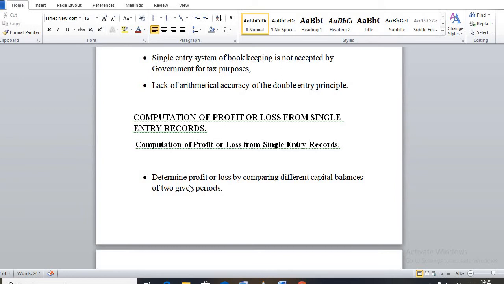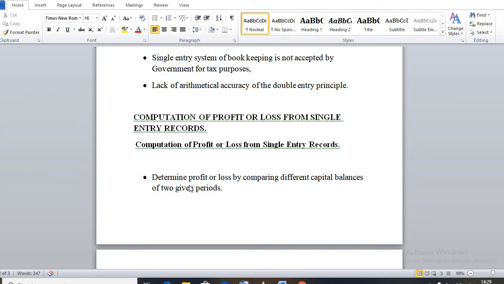But in a situation whereby the closing balance is less than the balance that we started with, it means we've made loss. Okay, so under single entry and incomplete records, one of the ways that we can determine the profit for the period is to compare the balances of the capital for two given periods. For two given periods, we are talking about the beginning of the accounting year and that of the end of the accounting year.